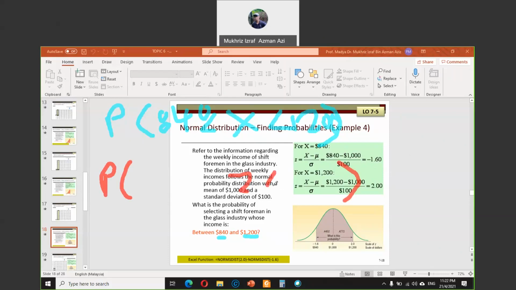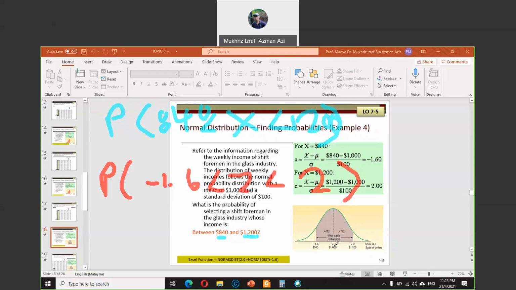So 840 is negative 1.6, and the second one, 1200, will be 2.0. So you want to calculate between one negative value and one positive value, so it will be between negative 1.6 and 2.0.